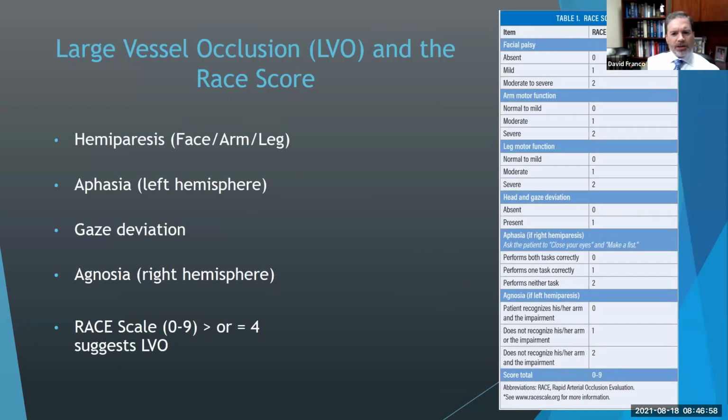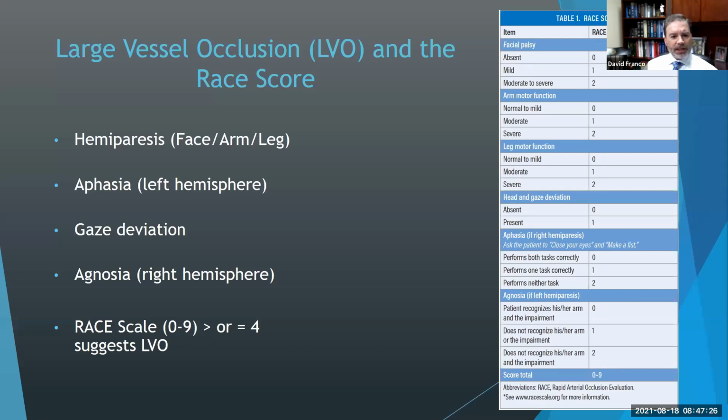So one of the things that we're trying to emphasize these days, which is in large part due to our ability to now treat strokes by going up and retrieving the clot out of a large vessel. So this has been a therapy that's been with us for a few years, but it's really been more of an approved and streamlined process just within the last 3 or 4 years.